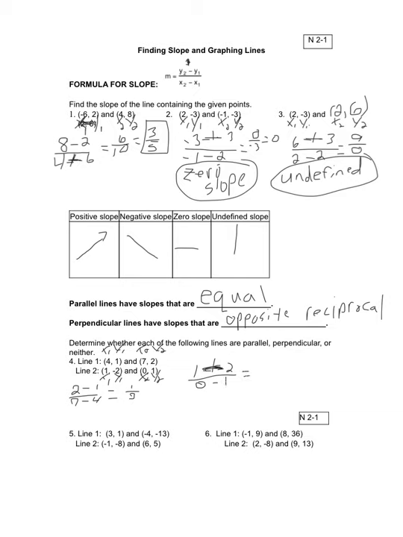We'll do the math on that. 1 plus 2 is 3. 0 minus 1 is a negative 1. So now we see that they are opposite signs. This first one is a positive 1/3. The second one is a negative 3/1, so opposite signs, and they are reciprocal. So 1/3, the other one is 3/1, so they're flipped. So in this case, this would be perpendicular.